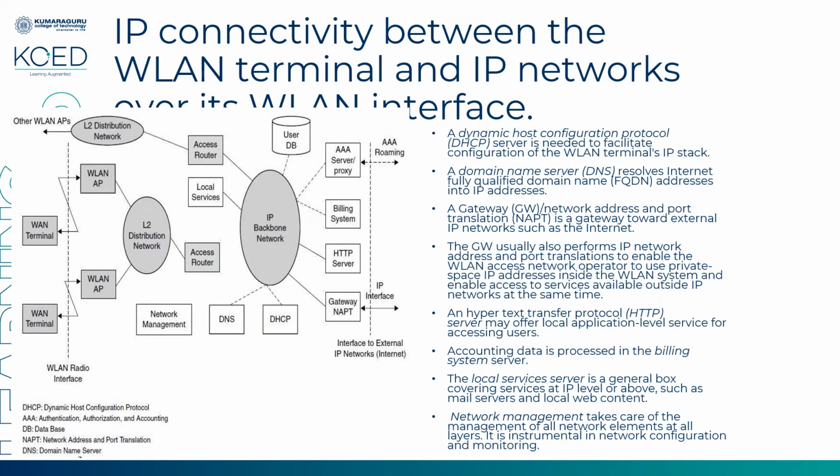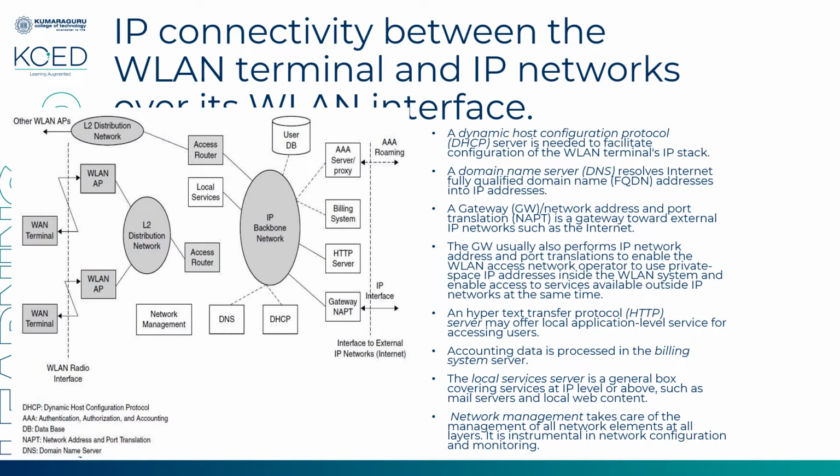Let's see the IP connectivity between wireless LAN terminal and IP networks. We have seen what heterogeneity is. It is connecting different networks, and here we need connection between wireless LAN and IP network. If you consider an IP network alone, when we connect a terminal to the IP network, a DHCP will allocate an IP address dynamically.